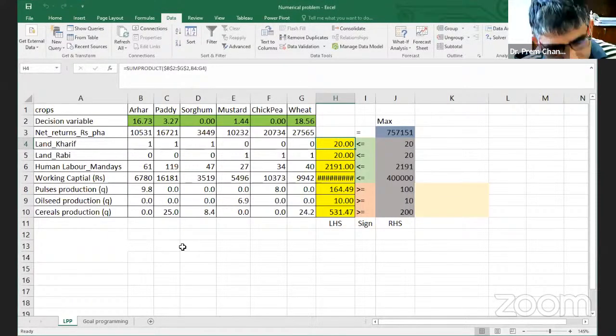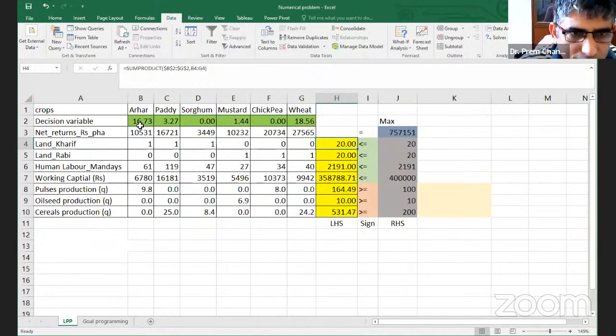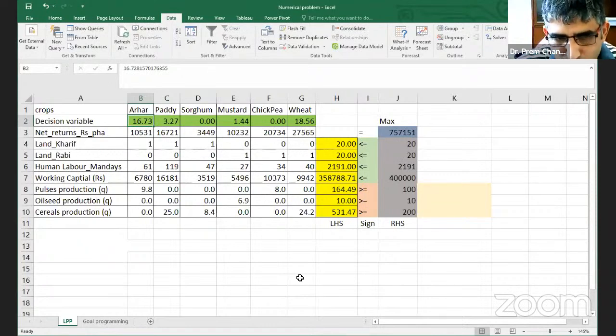You can see it has allocated area, 16 hectares, because my objective here is to maximize the net return. So obviously it won't allocate to sorghum, because my target is not to minimize the water. It allocates more to arhar, and then to meet the obligations of cereal production, it also allocates some area under paddy.